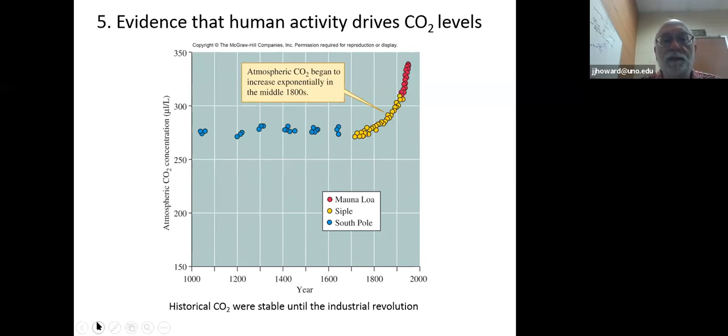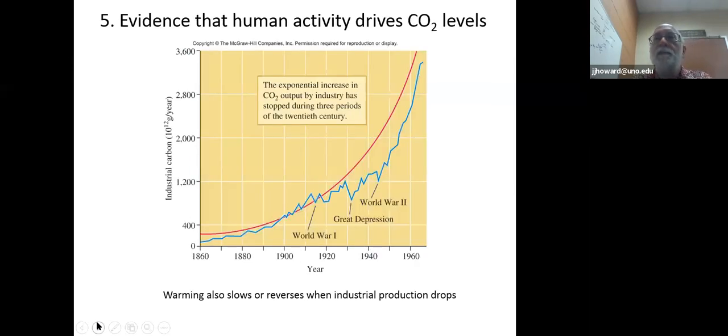So what can we determine about human activity and its relation to this carbon? Well, okay, so here's the temperature curve, right? And here is the emissions curve of CO2. And notice that we have some drops in CO2 due to World War I, due to the Depression, due to World War II.